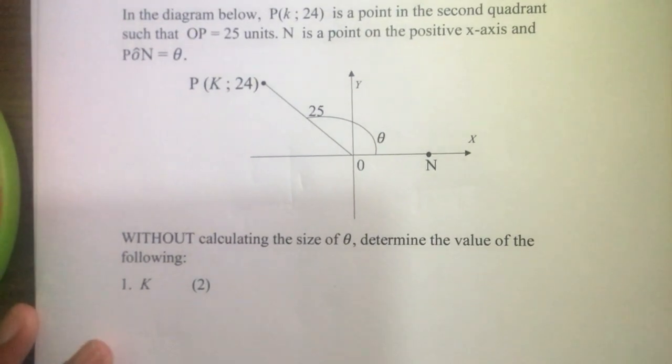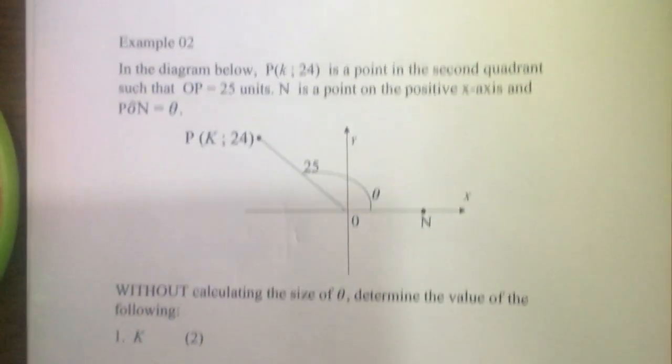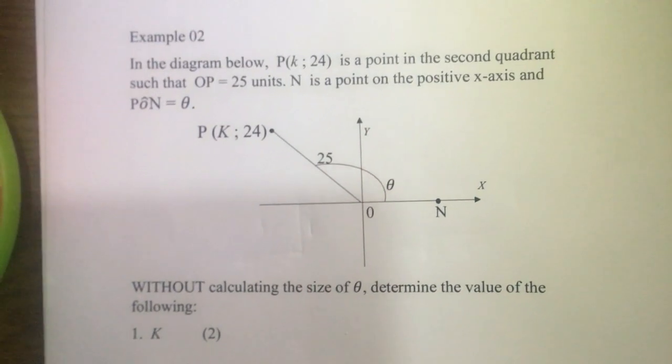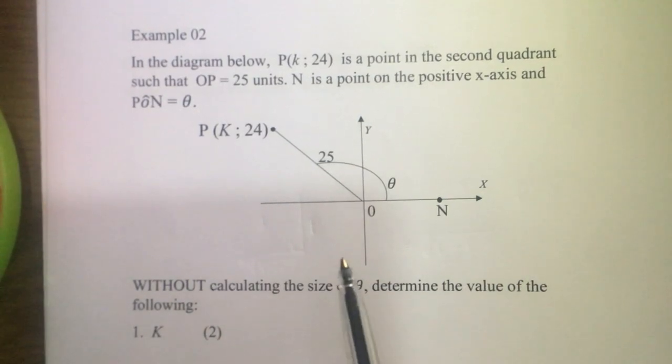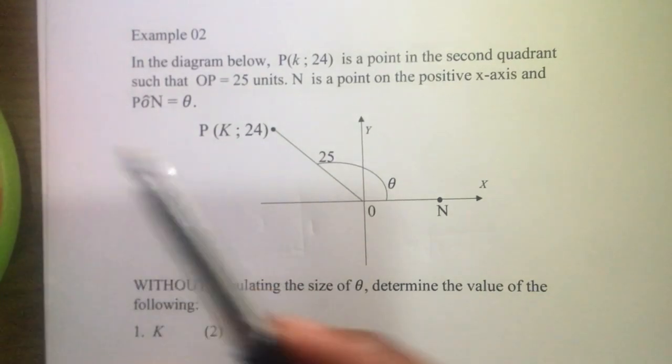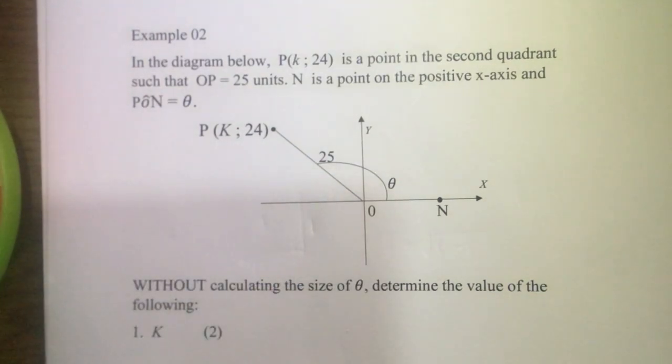So let's look at the second example. How can they ask that question in another way, which is the first question in trigonometry? Let's look at this example 2. They can ask it in this manner.